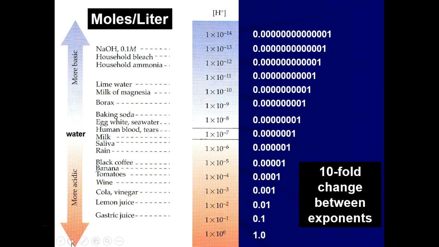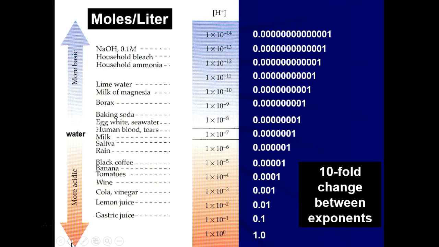If we look, for example, at borax at 10 to the minus 9th, that would be 100 times less hydrogen ions than water. If we look at milk of magnesia, that would be 10, 100, 1,000, that would be 1,000 times less hydrogen ions than water.